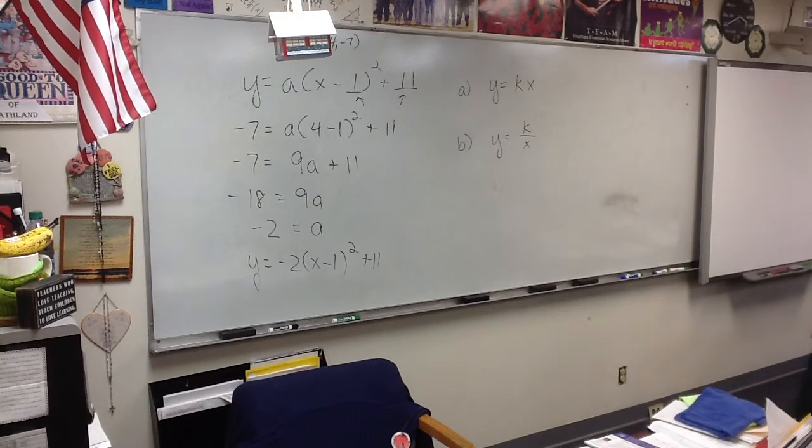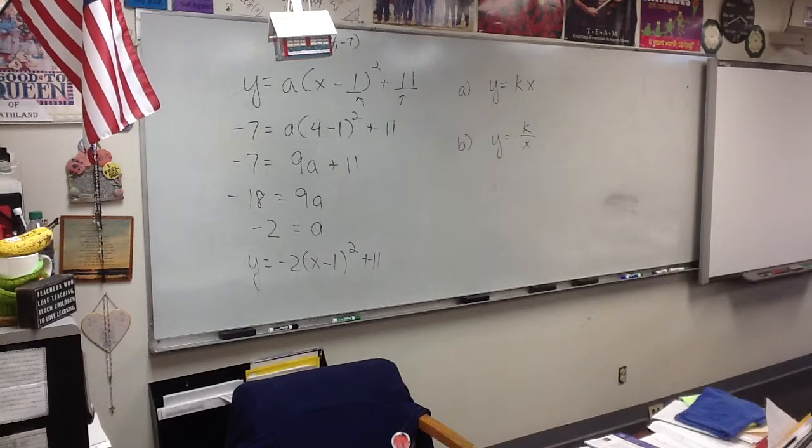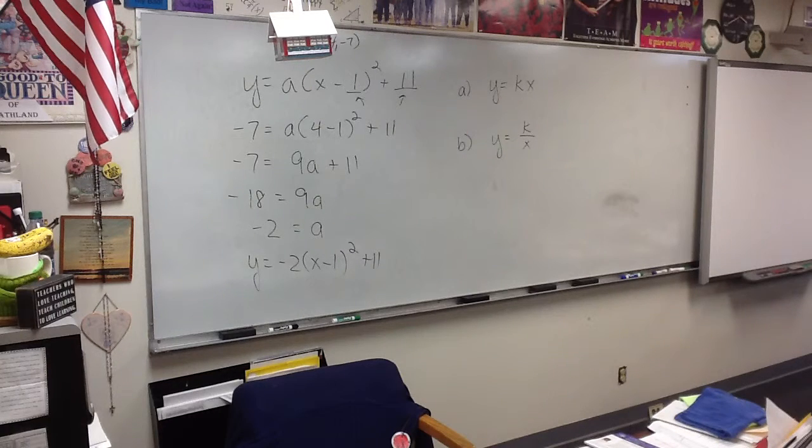Inverse variation. Zach and I live in the same house. Not really, but for purposes of this problem. We are both going to get in our cars and drive to Cathedral High School. We're going to follow the same path. Zach drives 50 miles an hour. I drive 30 miles an hour.